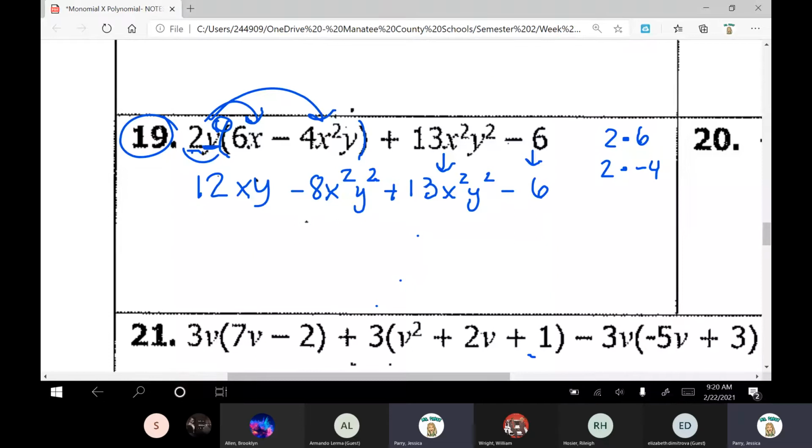Don't worry about the variables and the exponents because I know it's weird typing it out. What should I combine? What should I put together? Because I do need to simplify and combine something. I see someone said 12 minus 8 plus 13. Does anyone else agree, disagree? You can write the same thing or write something different.